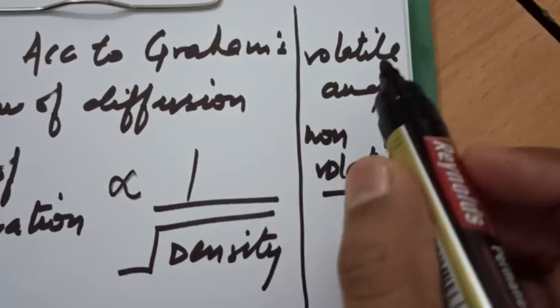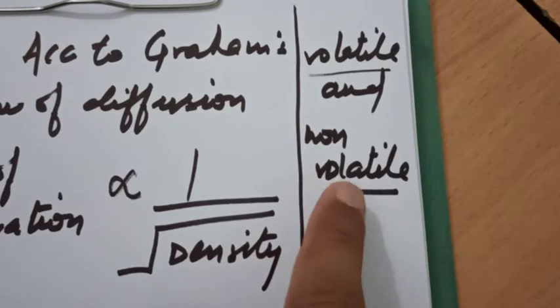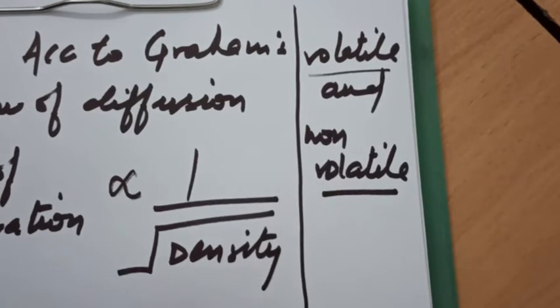Volatile substances are those which can evaporate on their own at room temperature, because they have very small interparticle forces of attraction. And non-volatile substances are those which will not evaporate at room temperature. We need some energy to convert them into vapors.